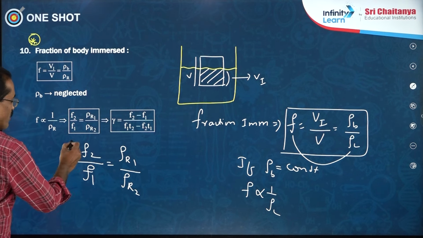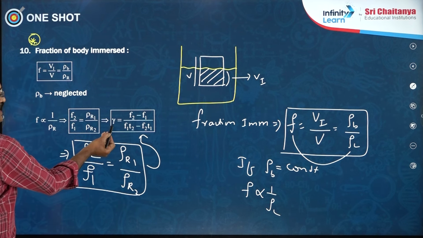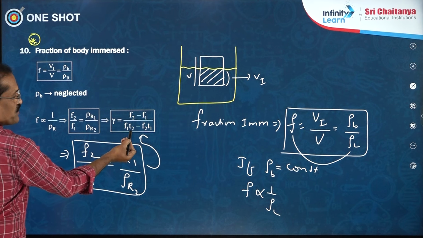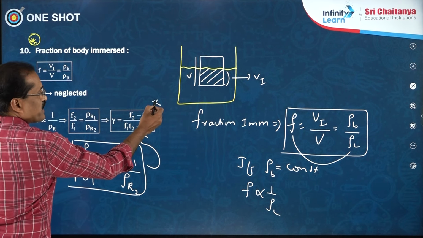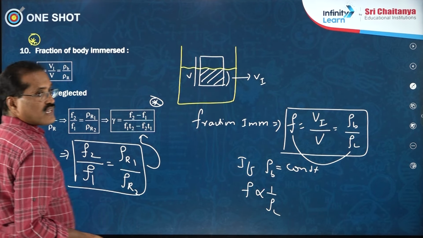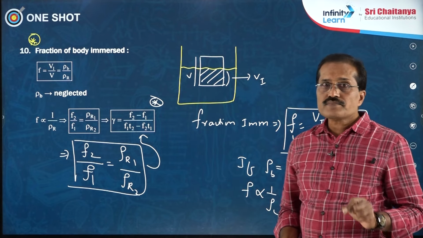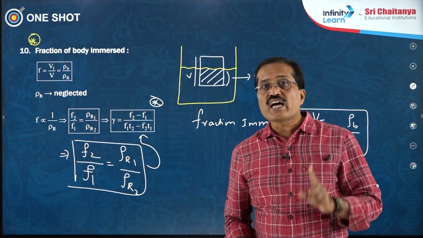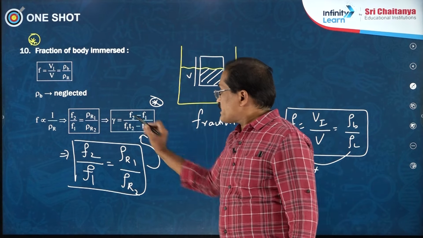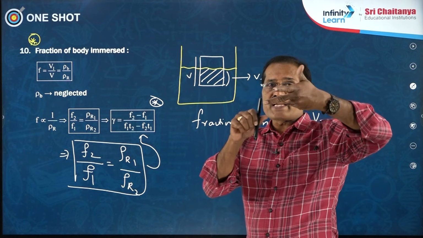From these two you can calculate the next formula, how to find gamma. We can find gamma of the liquid is equal to F2 minus F1 by F1 T2 minus F2 T1. This is a derived formula, not required at this moment, but this formula you can remember. How to calculate gamma of the liquid? I will repeat once again. First, at one temperature see how much of the fraction is immersed.